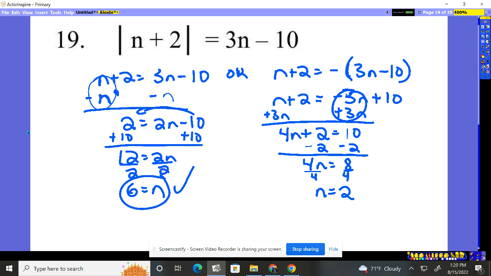We're going to plug 2 back in. 2 plus 2 is 4. Absolute value of 4 is 4. But here, 3 times 2 is 6. And does 6 minus 10 give you 4? No, it gives you negative 4. This solution doesn't work. So the only true solution is n equals 6. And that's the only one you put on your paper. Okay, that 2 didn't work out.